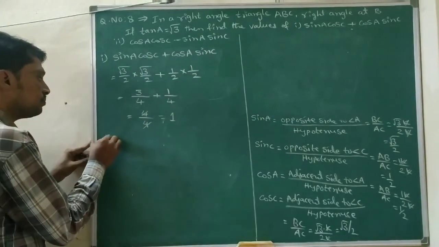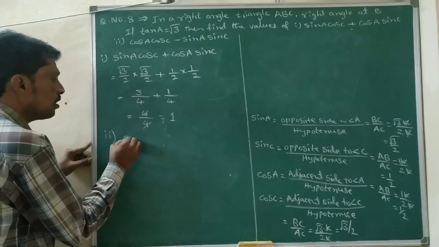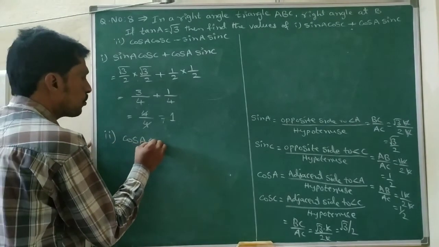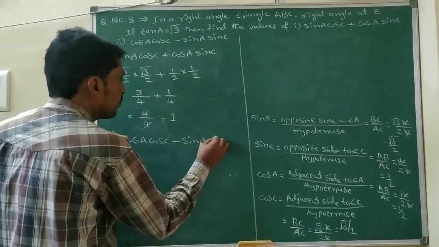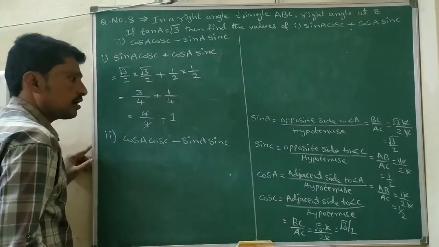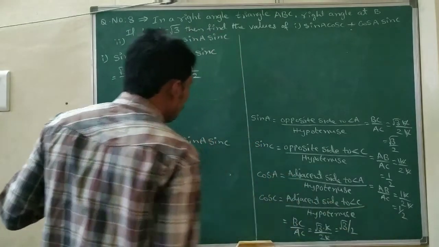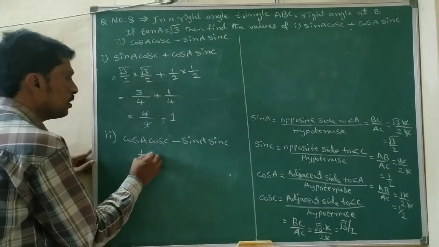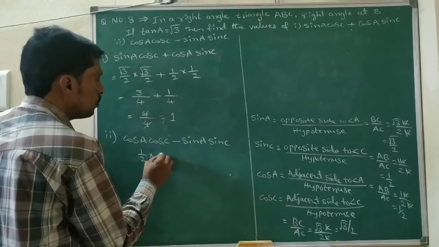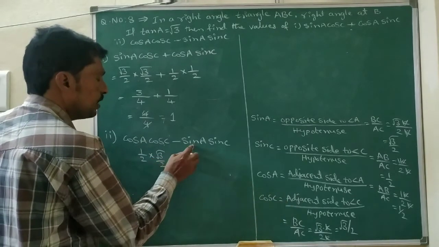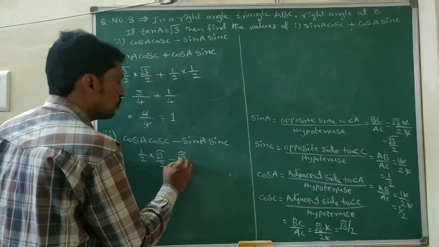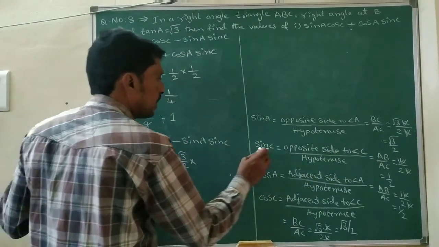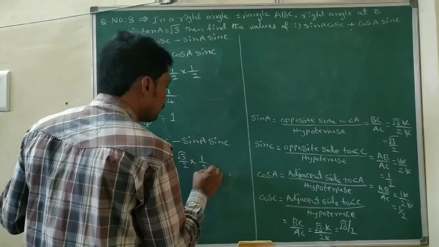Now the second one, cos A cos C minus sin A sin C. Cos A value is 1 by 2 into cos C value root 3 by 2, minus sin A value root 3 by 2 into sin C value 1 by 2.